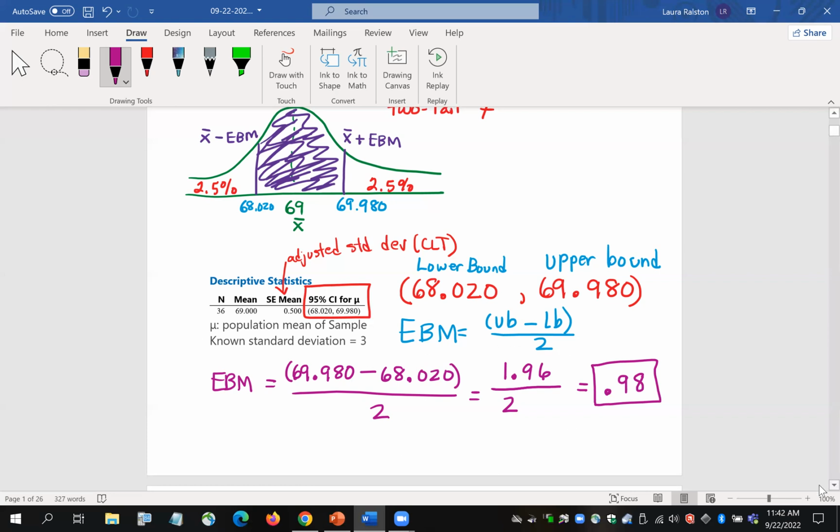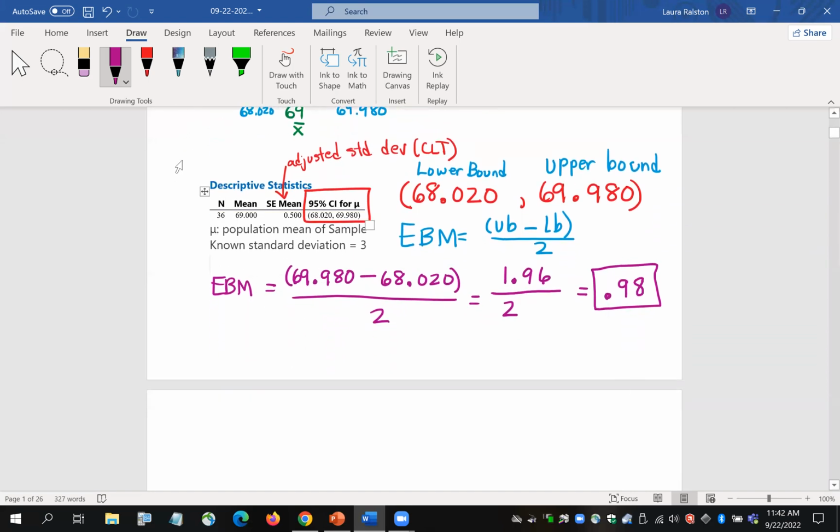Then I need to write my conclusion in the proper form.